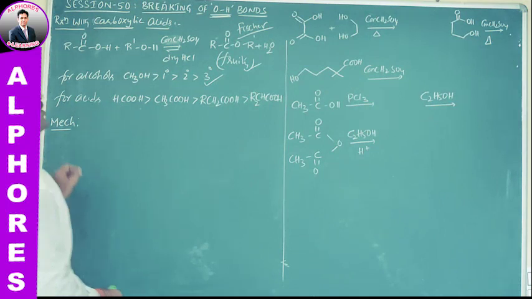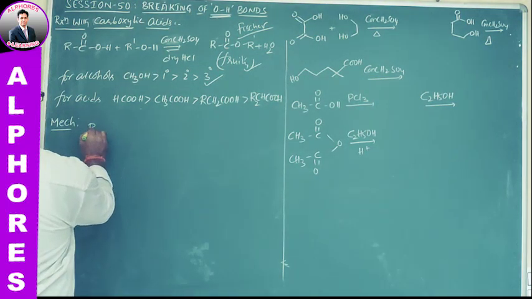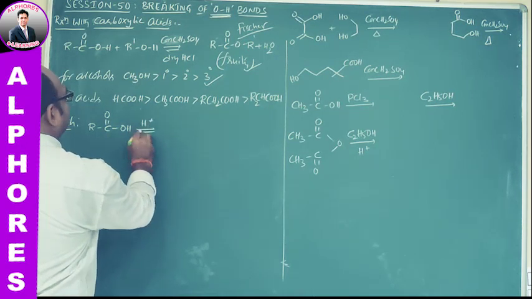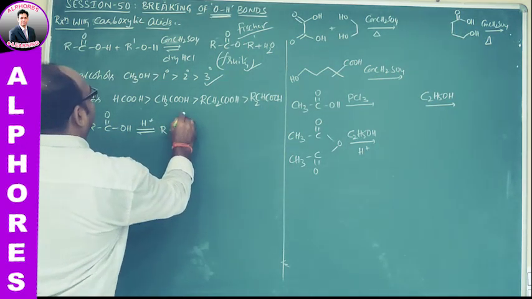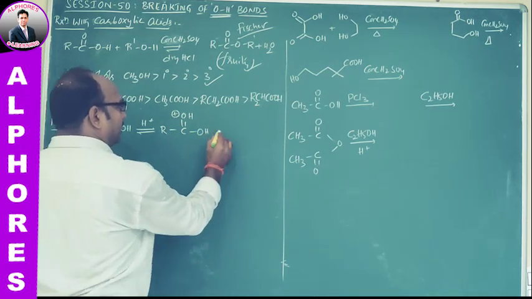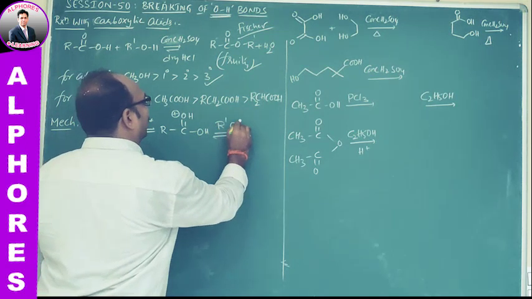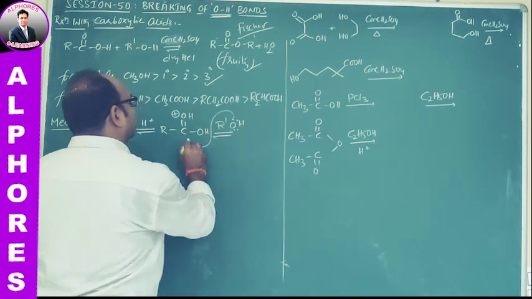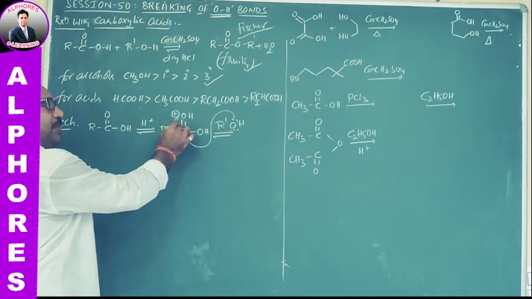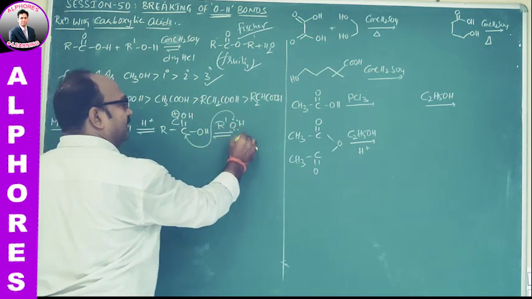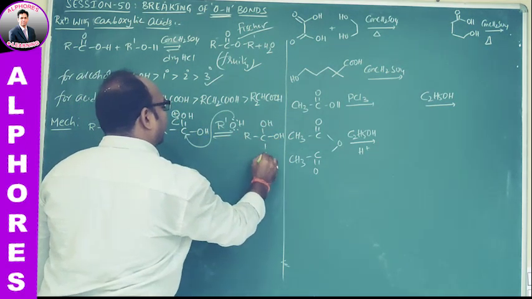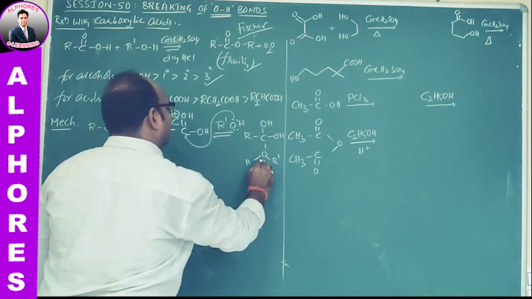Here let us see the mechanism of how it proceeds. First, the carboxylic acid RC double bond OH, in acid medium, has its C double bond O group protonated, giving RC with OH and OH. The alcohol R'-OH now acts as a nucleophile, and to facilitate that, the oxygen's pi electrons shift towards the oxygen atom. Then we get RC(OH)(OH) with O+(R')H.